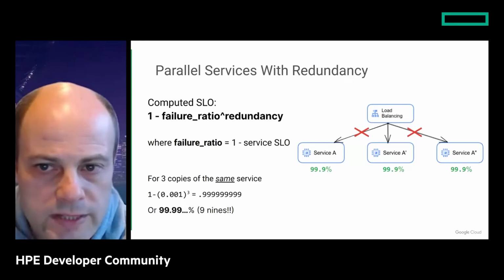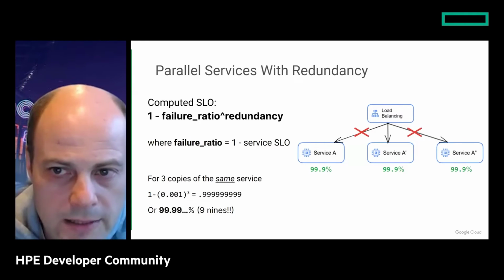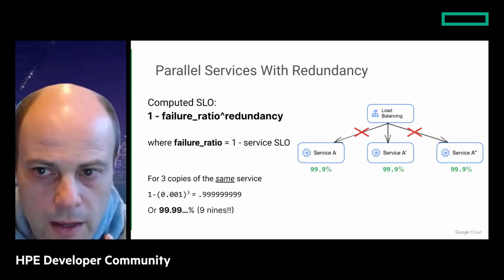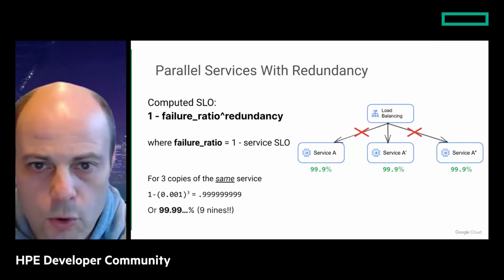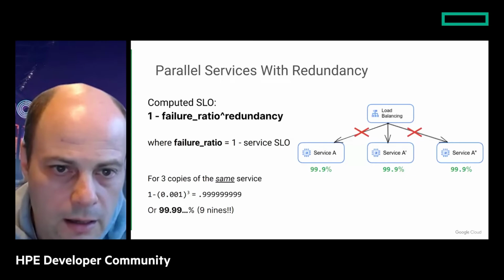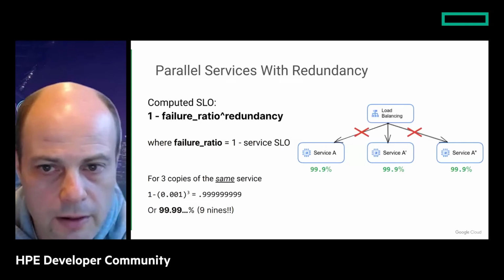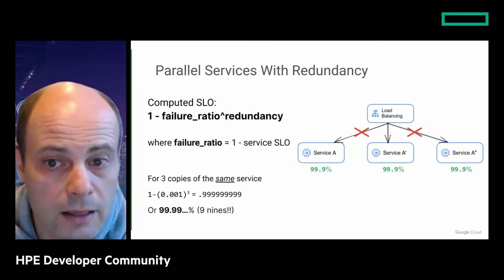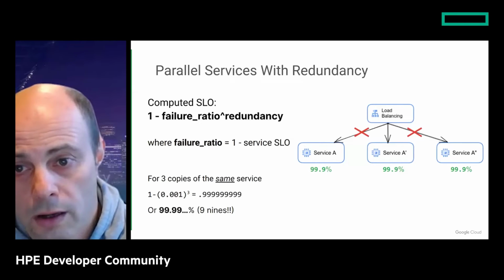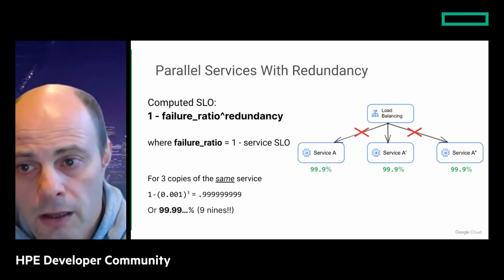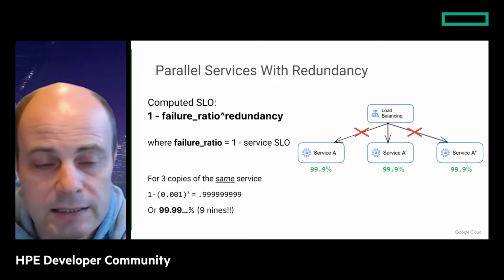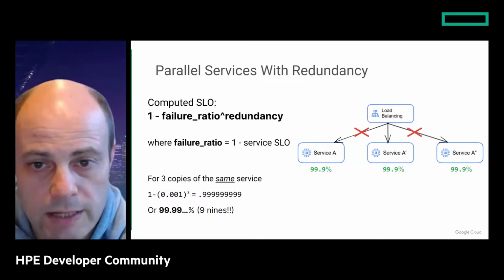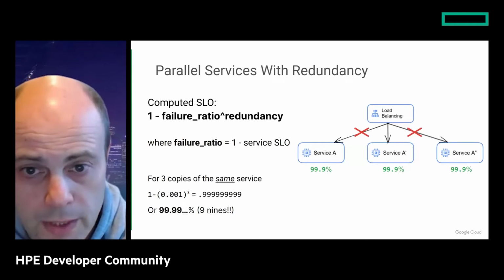So the probability of the outage is 1 minus the service SLO. It gets smaller with more copies of the service we add. Given we have 3 dice and we have to roll 3 of them, for us it is enough that only one of them is not 1.